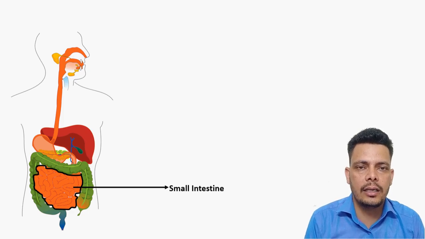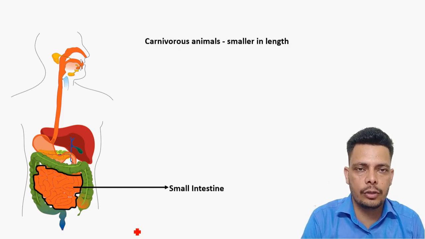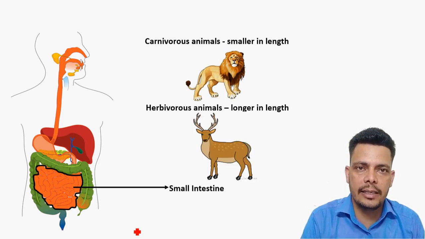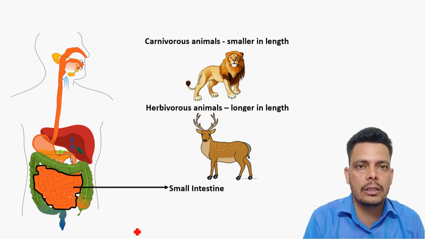Its length is about 5 times the length of the organism, and it also depends on the type of the organism. If it is carnivorous, the length of the small intestine is small compared to herbivores, because in carnivores the meat is easy to digest. If you talk about humans, it is approximately 6 meters long.